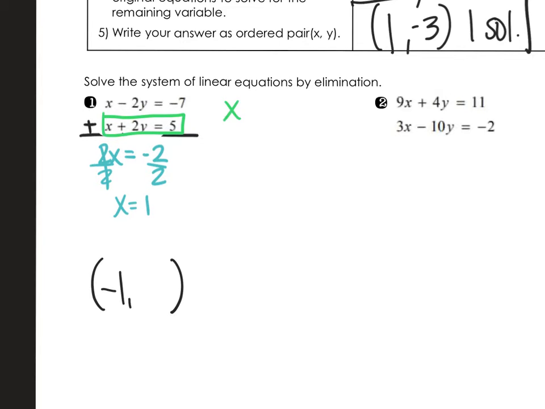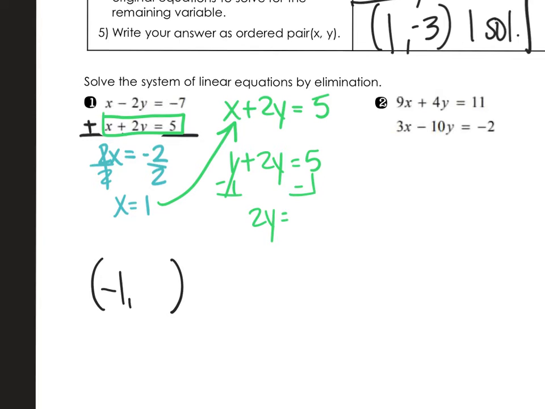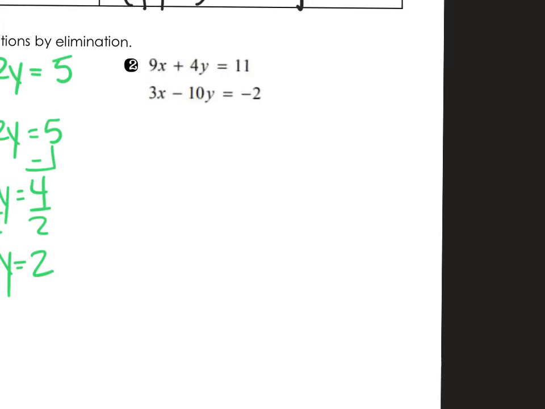So if x plus 2y equals 5, and x is 1, that should now say 1 plus 2y equals 5. Subtract 1, 2y equals 4. Divide by 2, y equals 2. And finally write it in the ordered pair, and that is one solution.